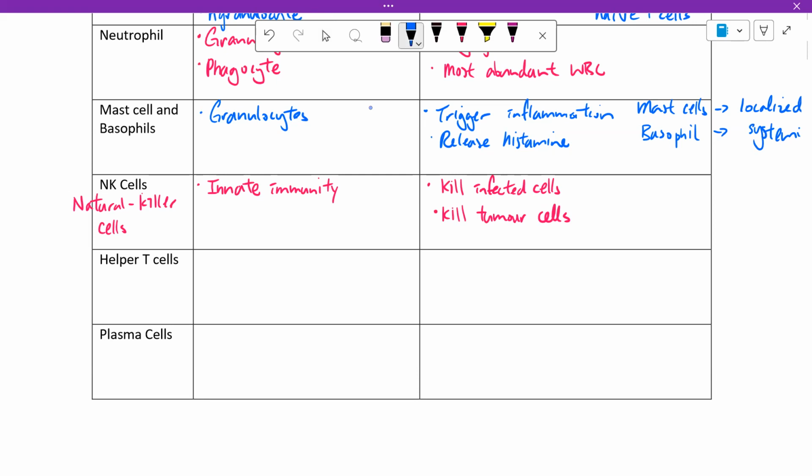All right. Helper T cells, they are part of cell-mediated immunity. Okay, cell-mediated immunity. And that's part of adaptive immunity.